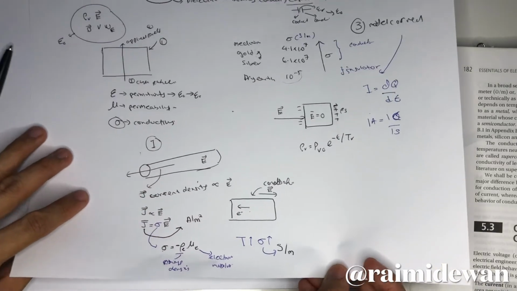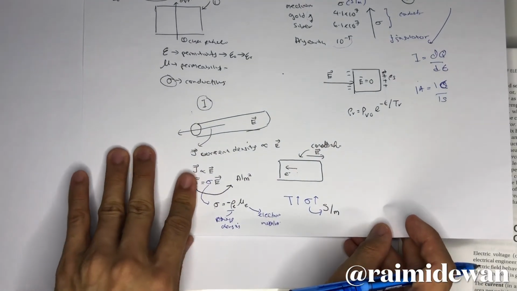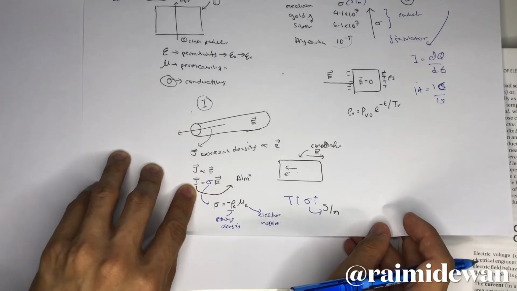Now we have learned about this J, the current density.